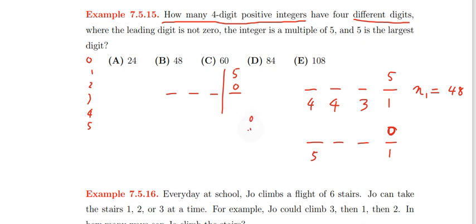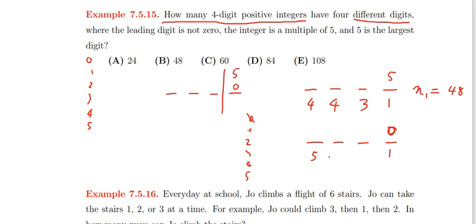We cannot pick 0, but can pick any of the others. Then for the next one, we can pick 4 of them, because we cannot repeat.